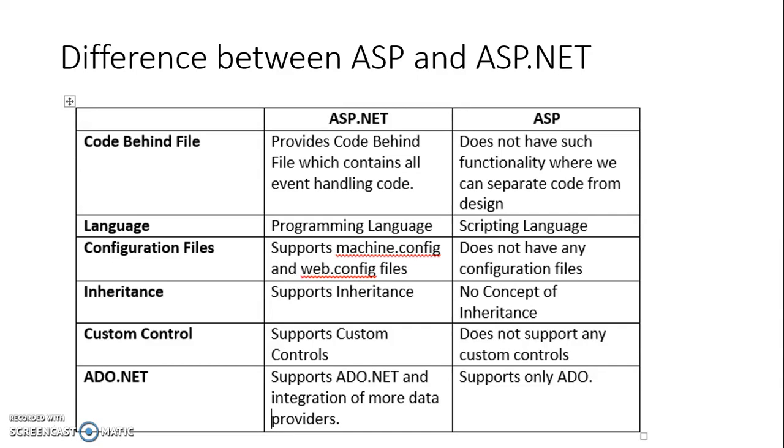Next thing is the configuration file. ASP.NET supports two types of configuration file, that is machine.config and web.config. You know that a configuration file contains information about the application. So web.config has things like database connection strings, and machine.config has the resources of your machine.